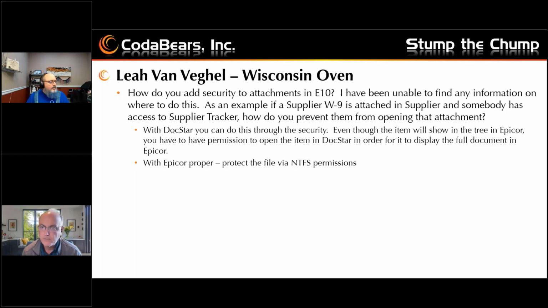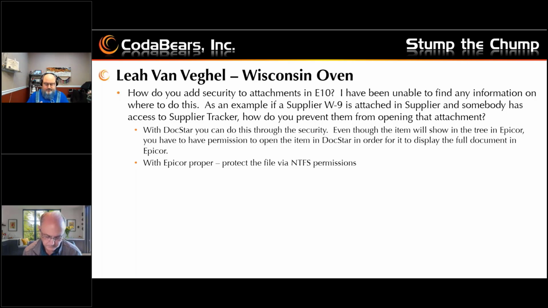If you're using DocStar, Justin walked through how to do security groups. And Calvin, if you could unmute Lee too, in case she's got a follow-on. He walked through how to do the permission groups inside of DocStar. So in the tree in Epicor, you'll still see that document, but you won't be able to open the document unless you've got permissions for DocStar. That's if you've got DocStar.